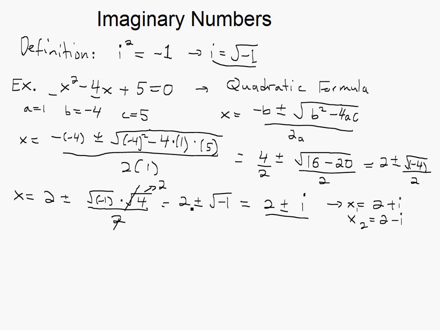So if we were to draw this in a graph showing real numbers, which is the 2, and imaginary numbers, where the coefficient is 1, we'll draw a graph. This is real, and this is imaginary, which is i.